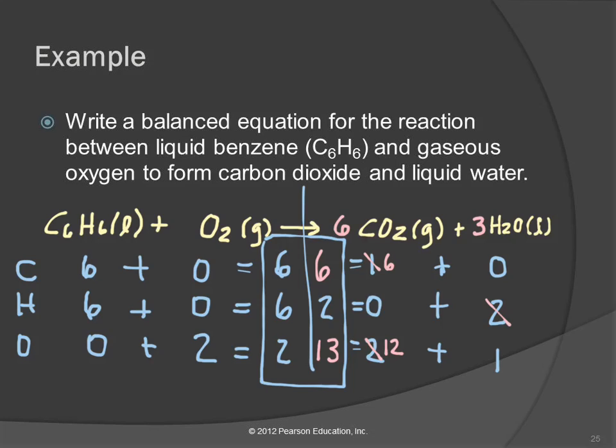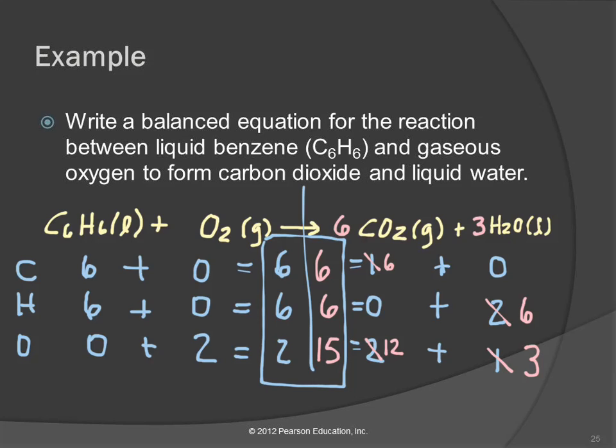So then I've got 6 here. That does change the oxygens, and now I have a total of 3 oxygens from the water molecule. So now I go to the middle and fix these. So for hydrogen now I have 6, and for the oxygen I have 15.